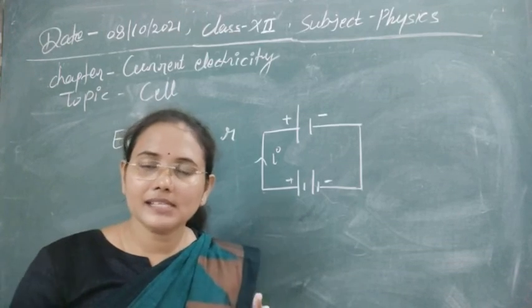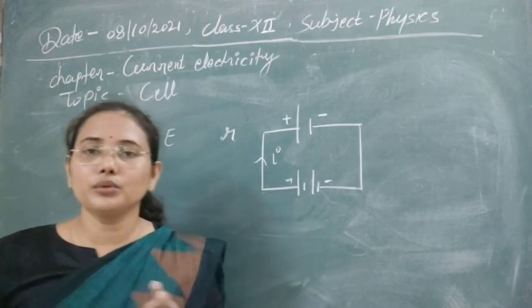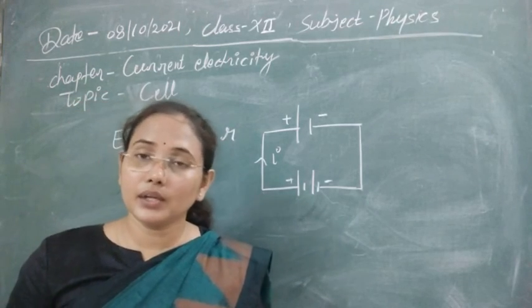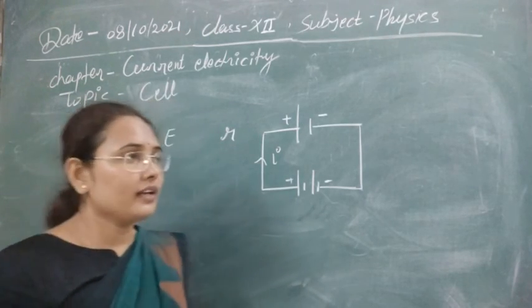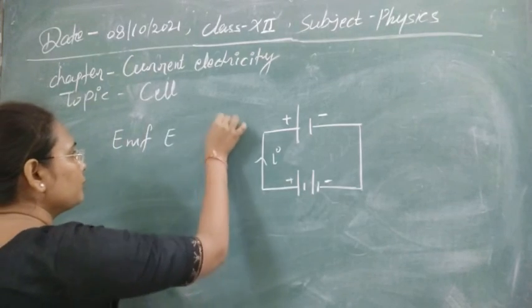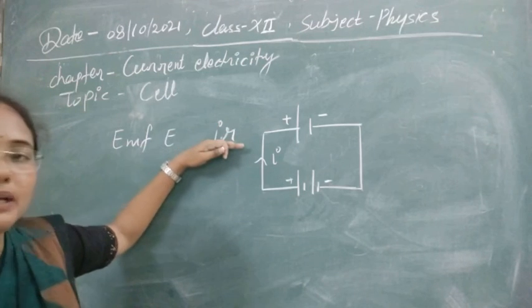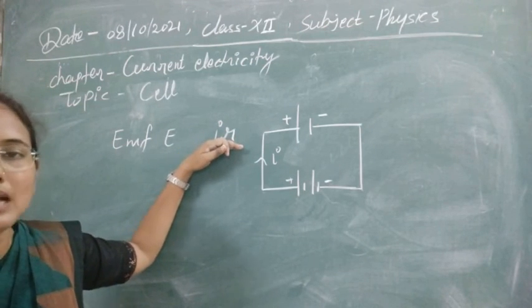Clear? So every cell, as it has ion molecules that oppose the flow, has some internal resistance, and due to that internal resistance, when current flows through it, there will be a potential drop in the cell. Using Ohm's law we can calculate this drop: it is IR.